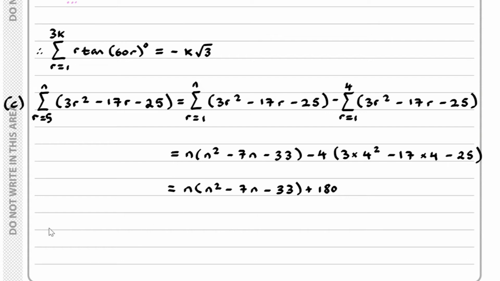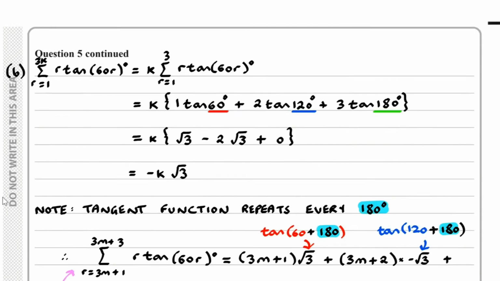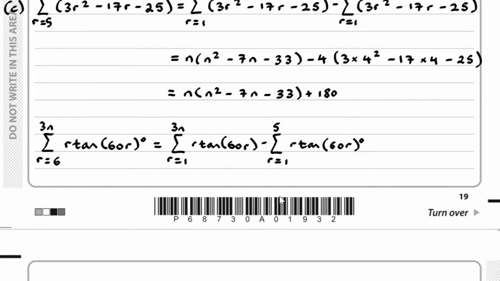Now let's consider the other side. So here we've got 15 times by the sum from r equals 6 to 3n of r times tan of 60r degrees. Now I'm just going to consider the bit that's inside the bracket, and if I do that, that sum, going from r equals 6 to r equals 3n, is the same as summing from r equals 1 to 3n, subtract the first 5.